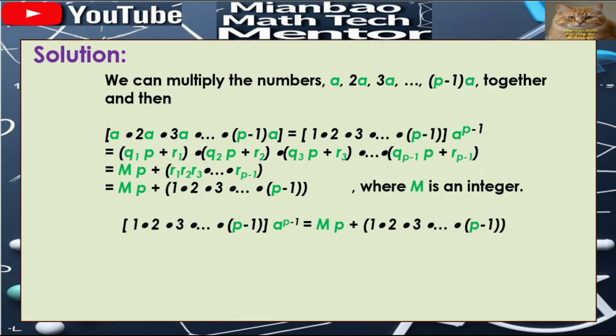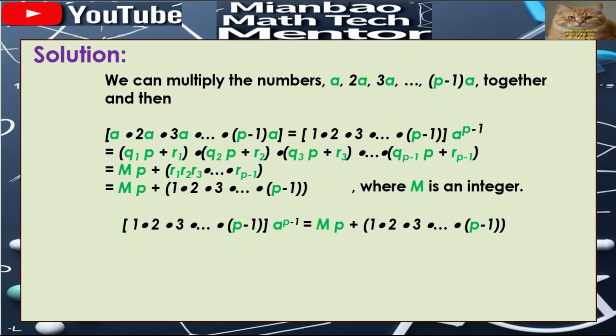Next, we can multiply the numbers a, 2a, 3a, and so on, (p minus 1) times a, together. Then, the product of these numbers equals 1 times 2 times 3 and so on times (p minus 1), times a to the power of p minus 1.